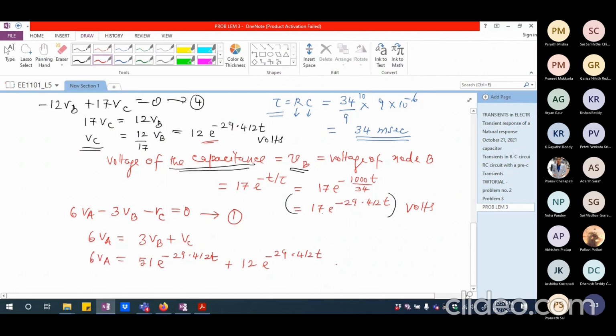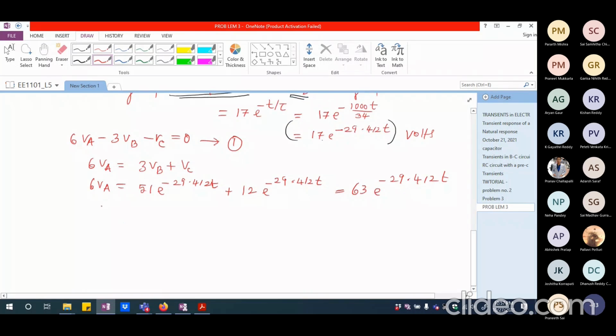So this is totally 63 e power minus 29.412 T. So we should be able to write VA as 63 divided by 6, that is 10.5 e power minus 29.412 T volts. Please note all these things are in volts.